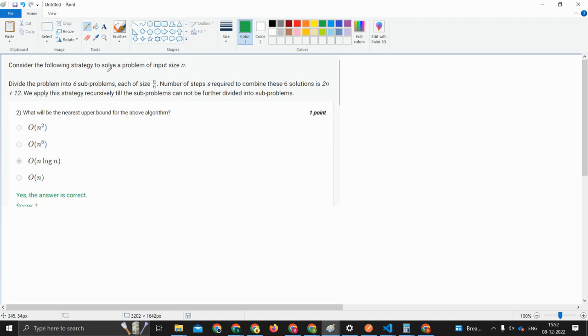So now we come to this. Let's say we want to sort a list. Navika, following? So divide the problem into 6 subproblems, each of size n by 6. So they are saying n by 6, n by 6, n by 6, n by 6, n by 6, and n by 6.